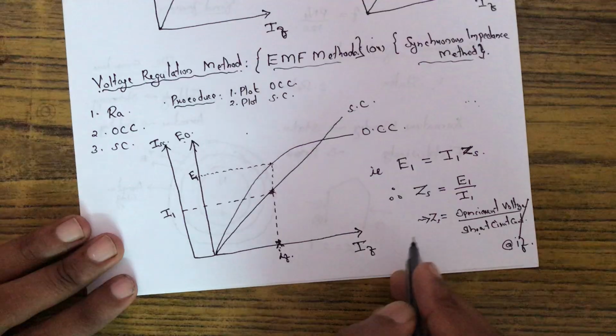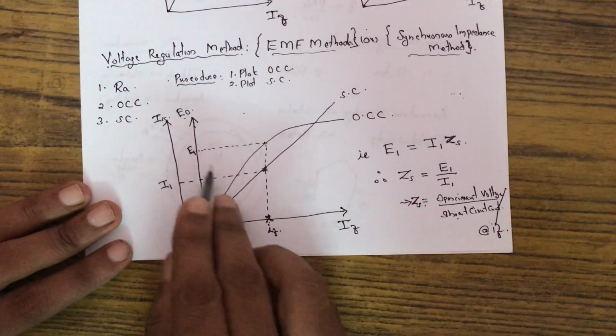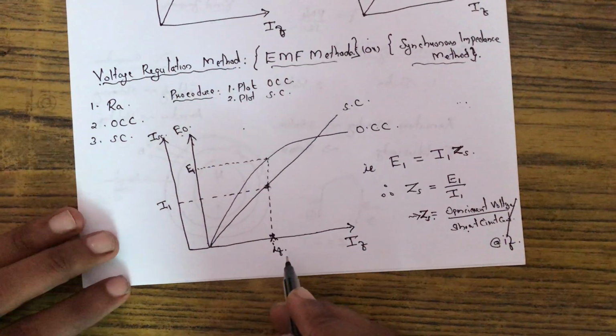So we have directly found the value of ZS from plotting these two graphs.